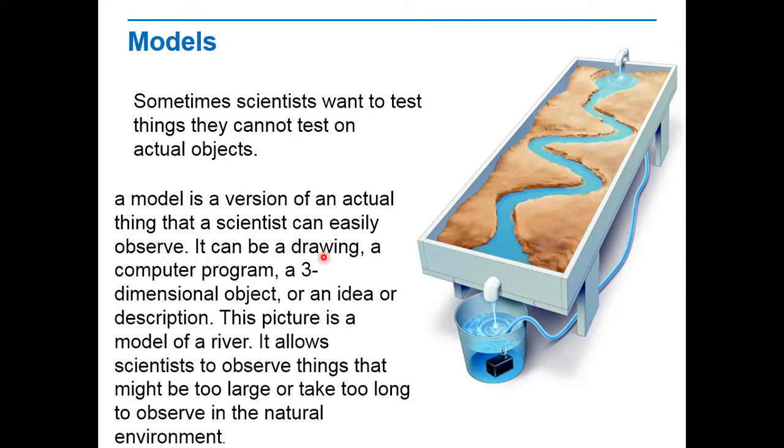It can be a drawing, a computer program, a three-dimensional object, or an idea or description. This picture is a model of a river. It allows scientists to observe things that might be large or take too long to observe in a natural environment.